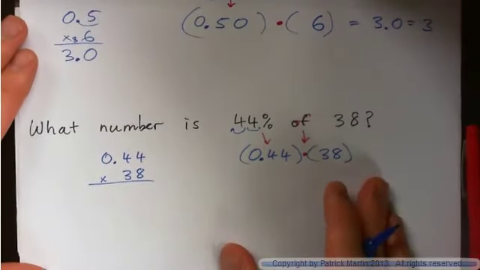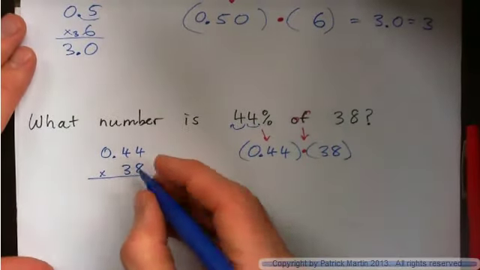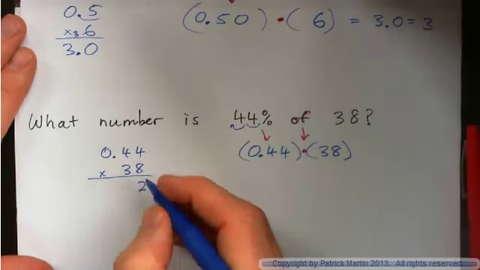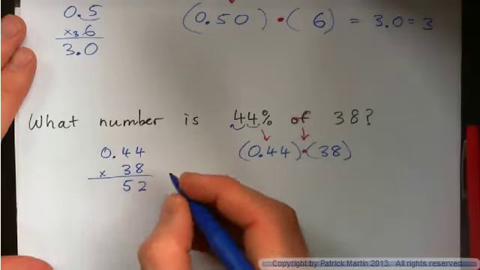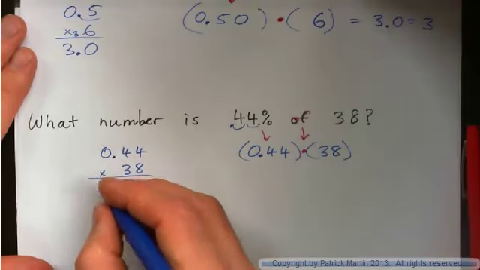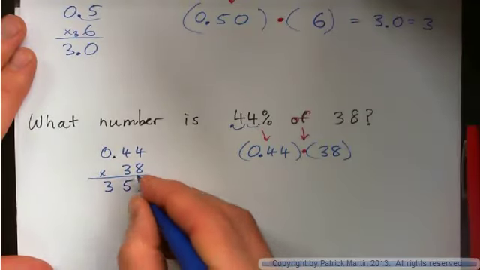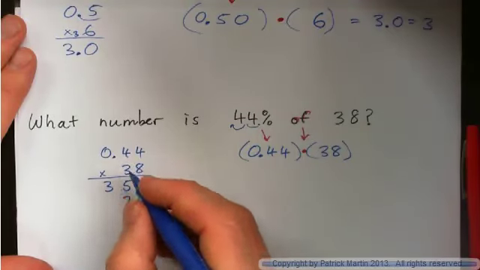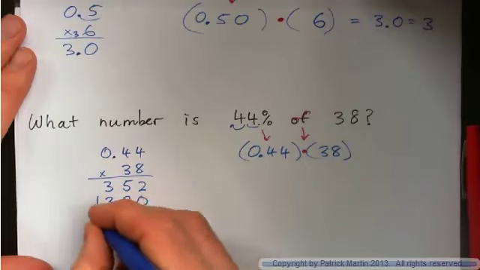So you've got to multiply these numbers. 8 times 4, 32, carry the 3. 8 times 4, 32, and 3 is 35, carry the 3. 8 times 0 is 0, and 3 is 3. Put down 0, multiply by 3. 3 fours is 12, carry the 1. 3 fours is 12, and 1 is 13.